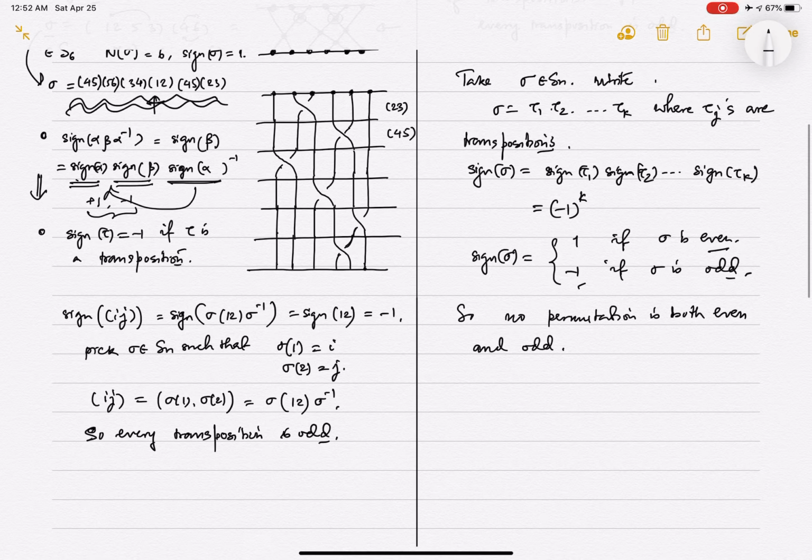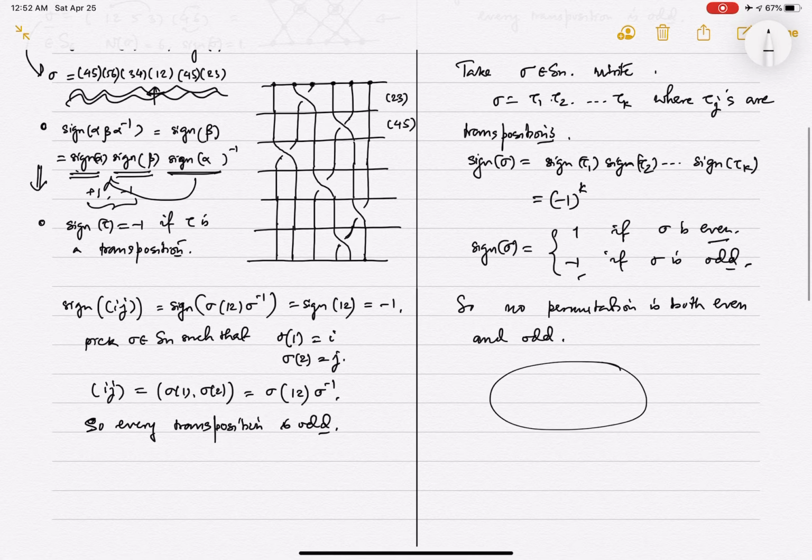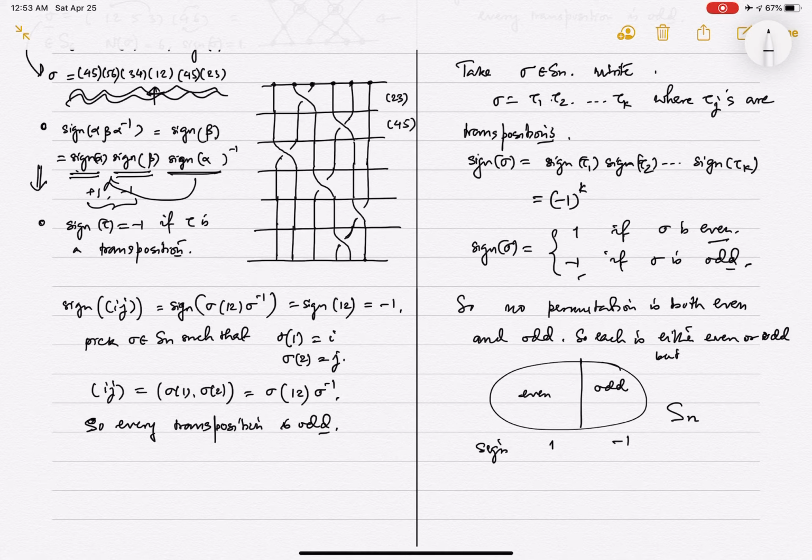So that tells you that the permutation group splits into two pieces, even ones and odd ones. These have sign 1, these have sign minus 1. It splits exactly into two pieces. Each is either even or odd, but not both.